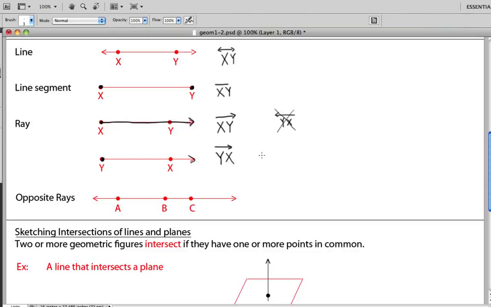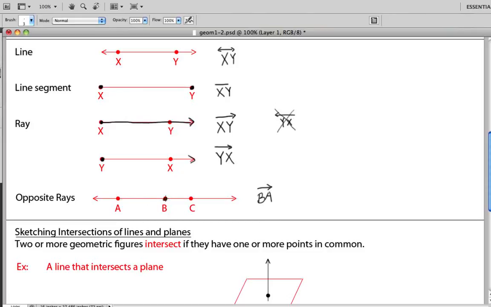Next we have opposite rays. As the name implies, they're just rays that are going in opposite directions. So right here I could say that this is a ray if it started at B, and here's another ray that also started at B. If I were to write the representation for this first ray on the left, my starting point is B, the direction letter is A, so I would write that as ray BA.